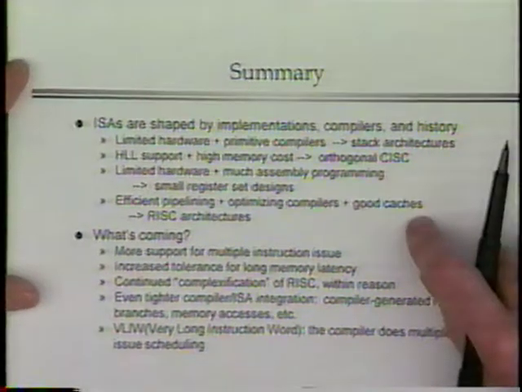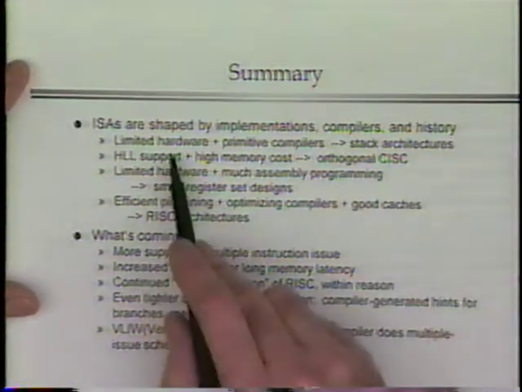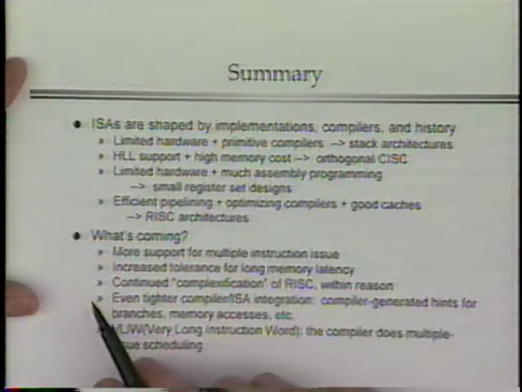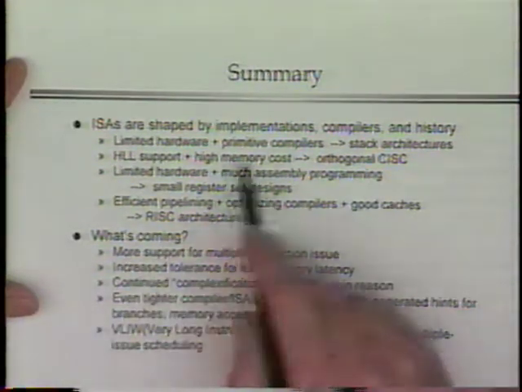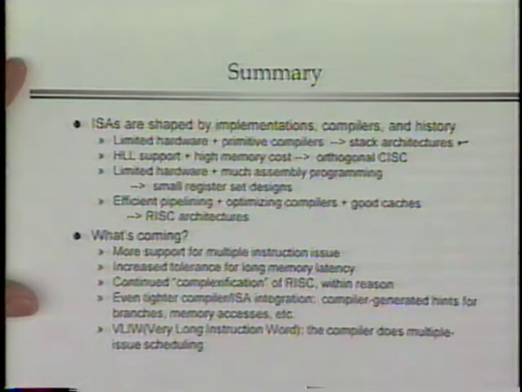Last few remarks about instruction set architectures before we move on to a different topic, pipelining, which is a kind of summary of where different instruction set architectures came from. Back in the early days, if you had very limited hardware and very primitive compilers, then under those circumstances it might be reasonable to come up with a stack architecture.